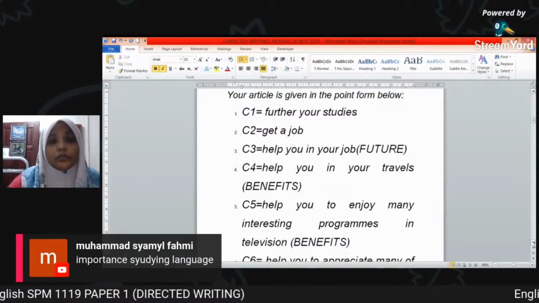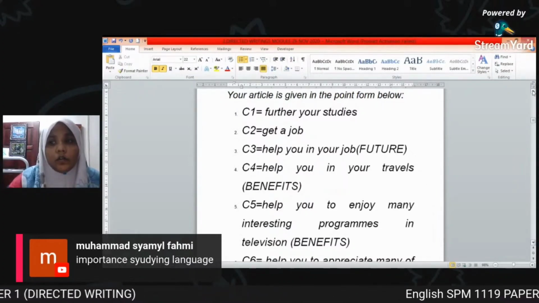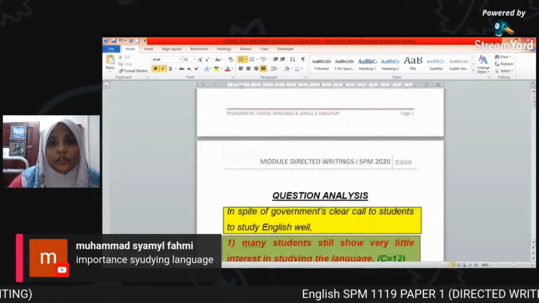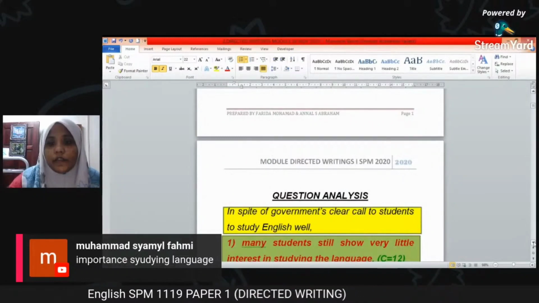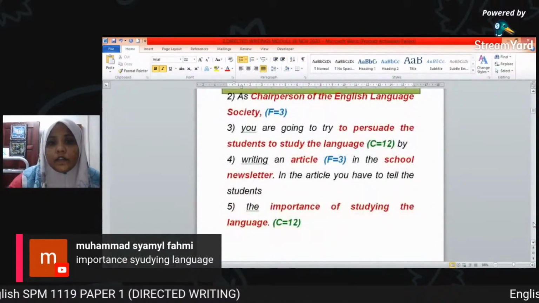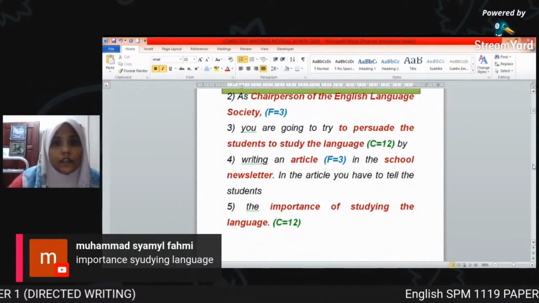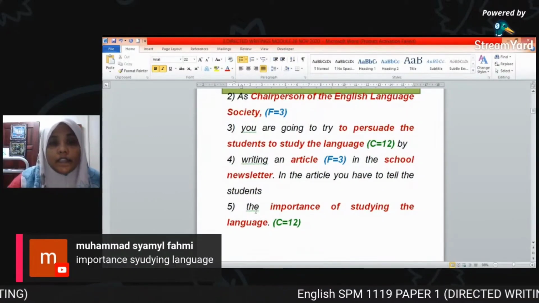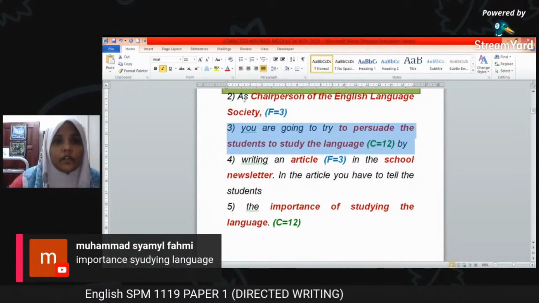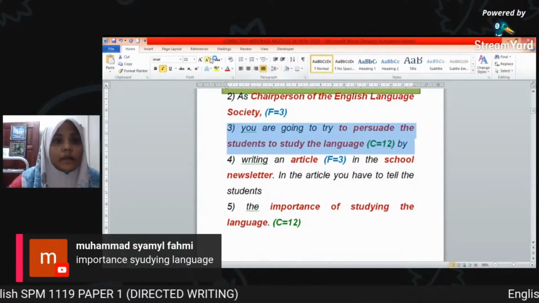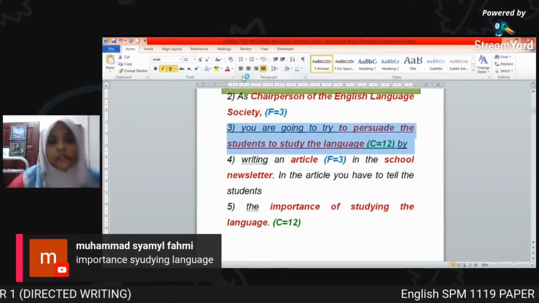Point number 2, oh, by the way, what's the question? Many students still show very little interest. As chairperson, this is the main question. Let me just underline it.